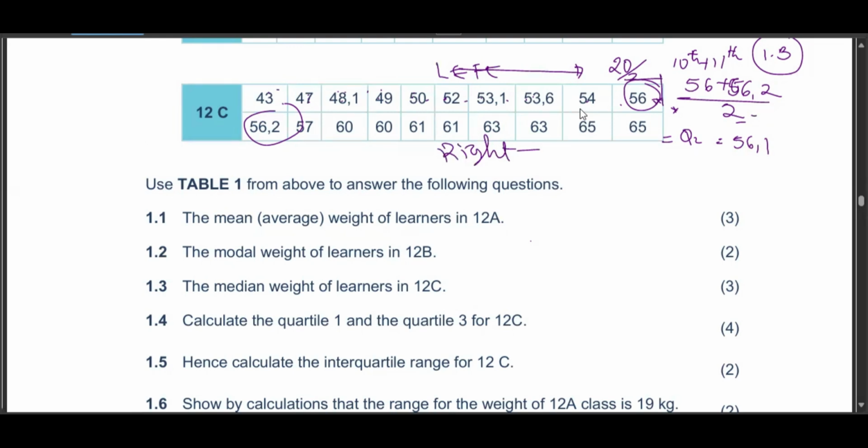So our Q1 is going to be the median on top and Q3 the median on the bottom. It's 10, so we count 5: 1, 2, 3, 4, 5. And this one here remains with 5 numbers as well. 1, 2, 3, 4.